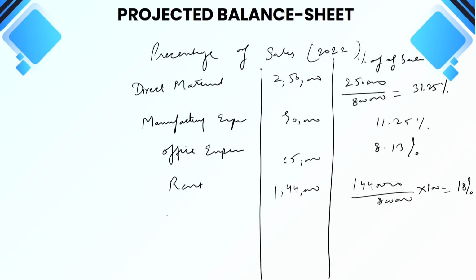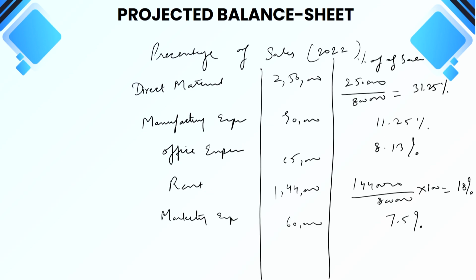Then we have marketing expenses, 60,000 rupees, which comes to 7.5%. You can see that we are not considering the depreciation and the interest paid and the taxes because we know they will not proportionately increase with the change in the sales.